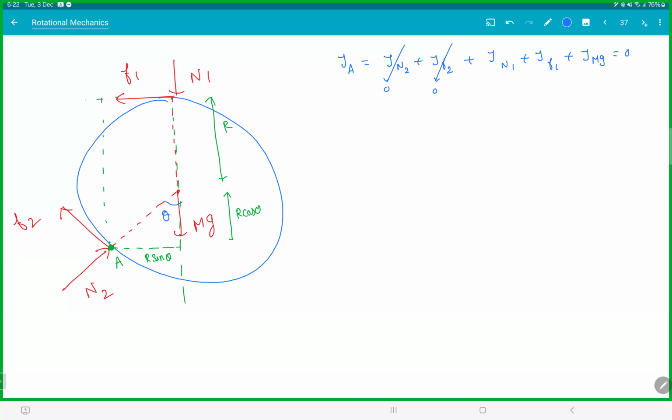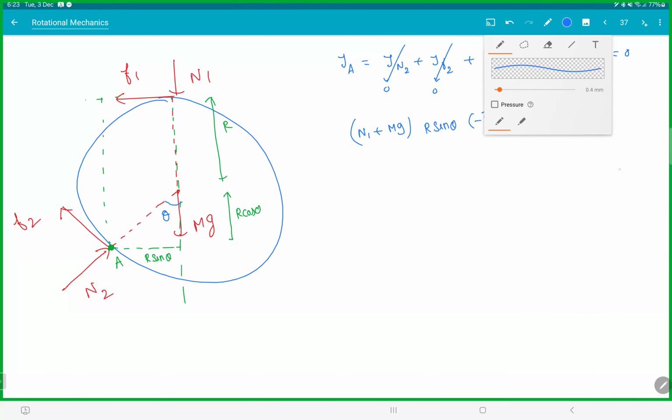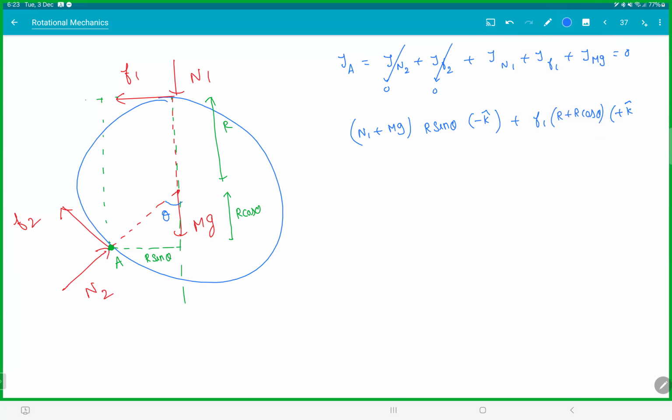I eliminated two variables. The value of N1 you already know. So the torque of N1 will be N1 plus mg, both in the same direction. Perpendicular distance is r sine theta. Direction is minus k cap. And the friction torque will be plus k cap, because mg will rotate this way about A, that is minus k cap only. And this is F1 into r plus r cos theta, plus k cap, equal to 0.